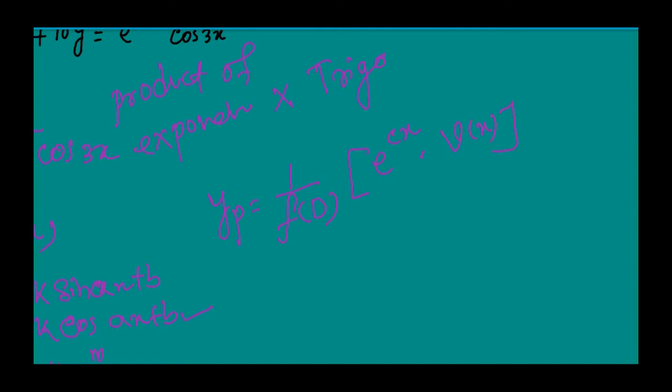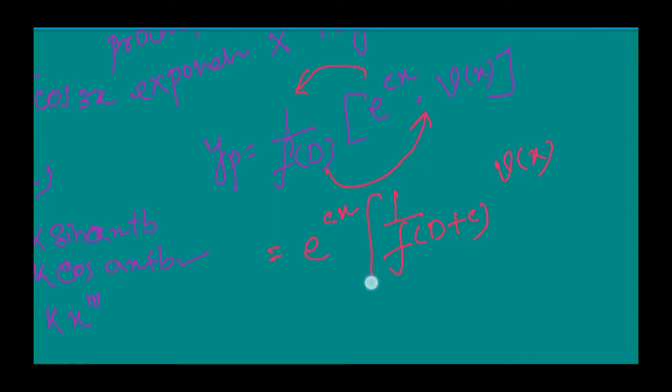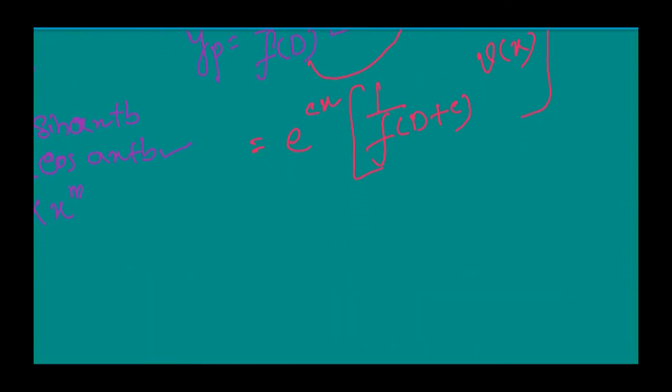Here f(D) will be moved to the right, and c will be added. So e to the power cx, 1 by f(D plus c), V(x). This is the format, this is the way we have to solve this type of problems.